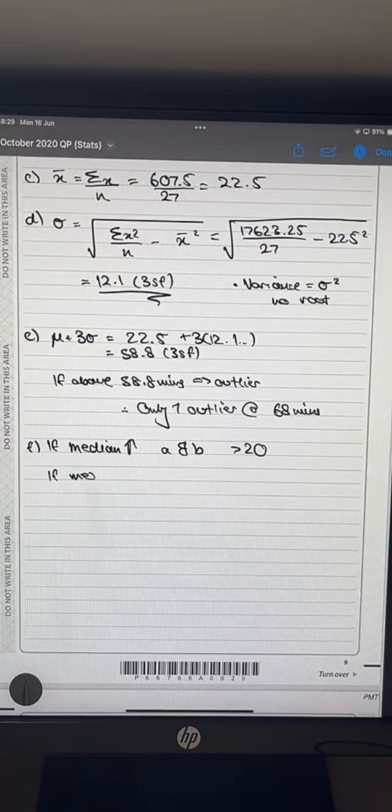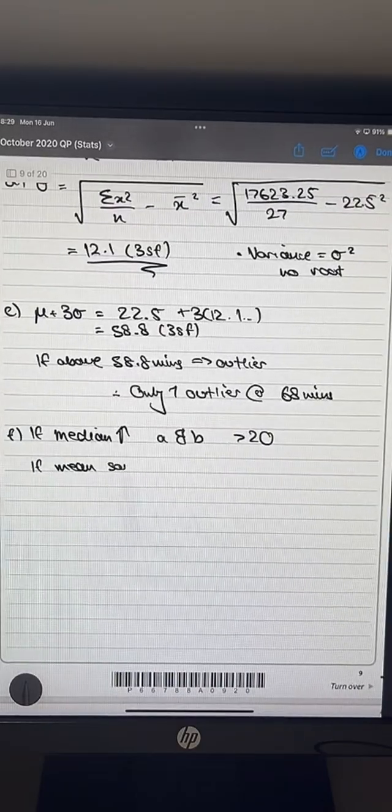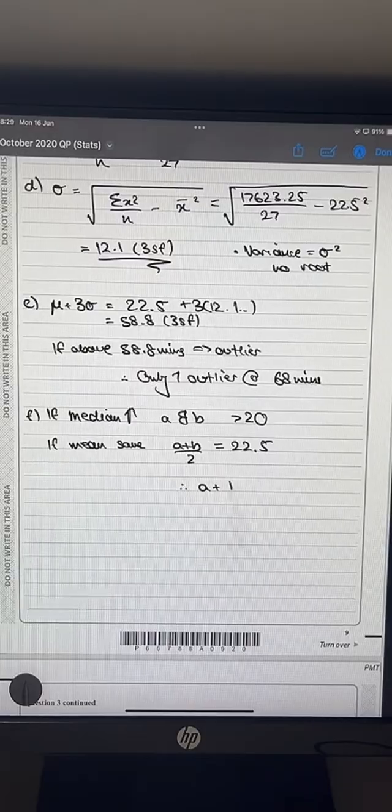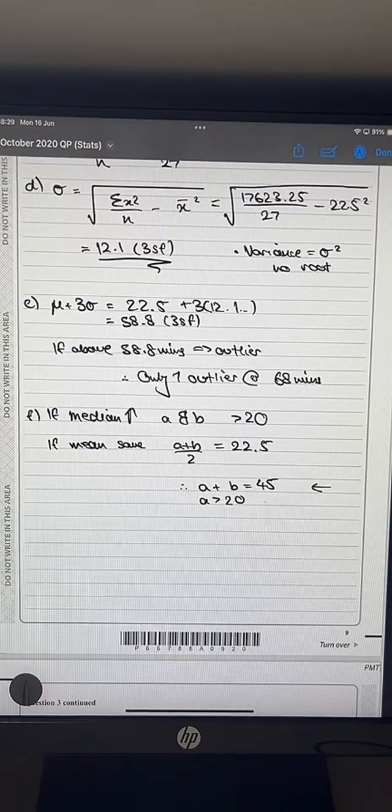If the mean is the same, well, we know that A plus B divided by 2, their mean must also be the average, 22.5, because the mean has not shifted to the left or to the right. So that means that therefore A plus B is equal to 45. So that's one thing I know. And I know that A is greater than 20 and B is also greater than 20.